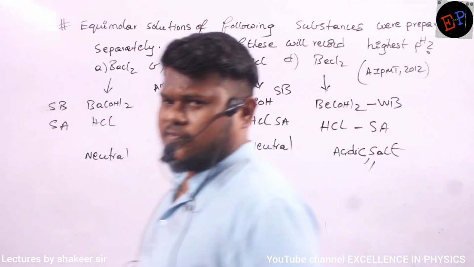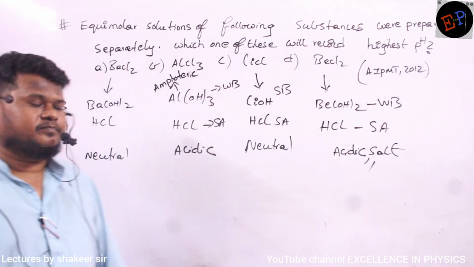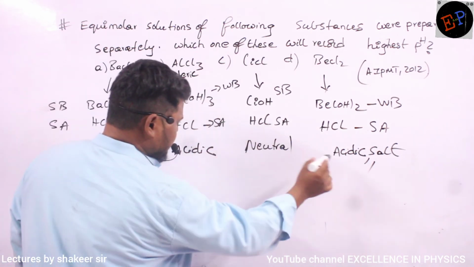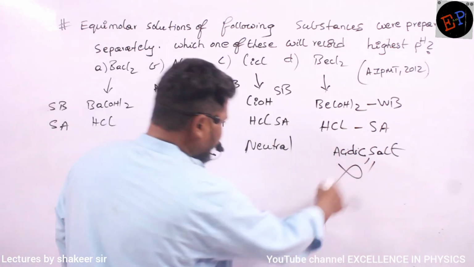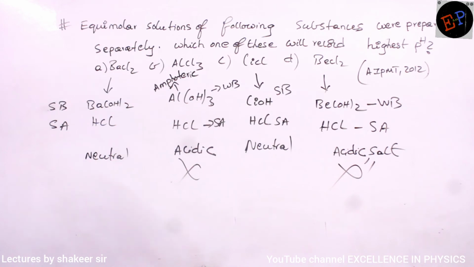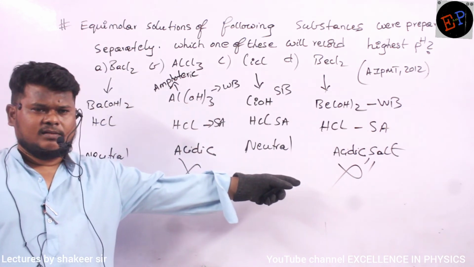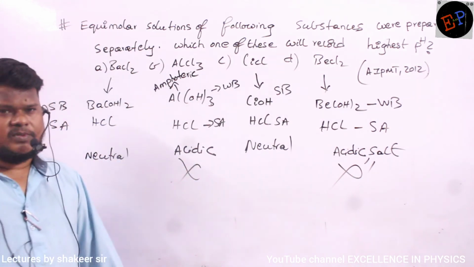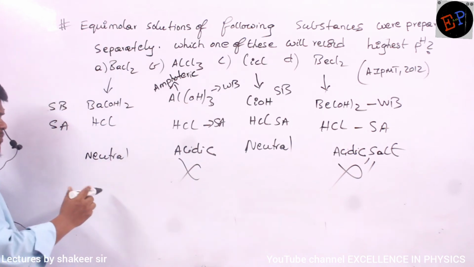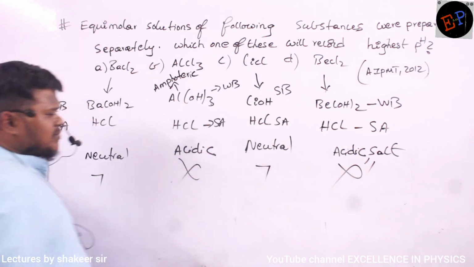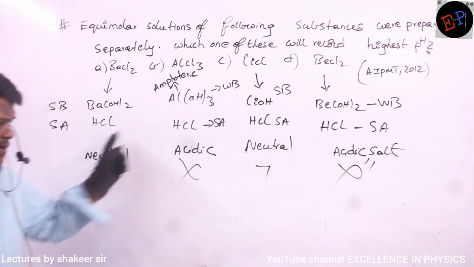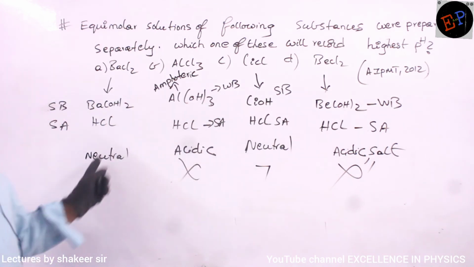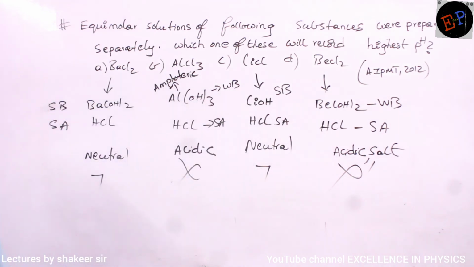Now can you say which one will give the highest pH? Neutral salts and acidic salts cannot give pH greater than 7. Acidic salts will have pH less than 7. Neutral salts may have pH 7. Of the two neutral salts, which one is slightly greater than 7?